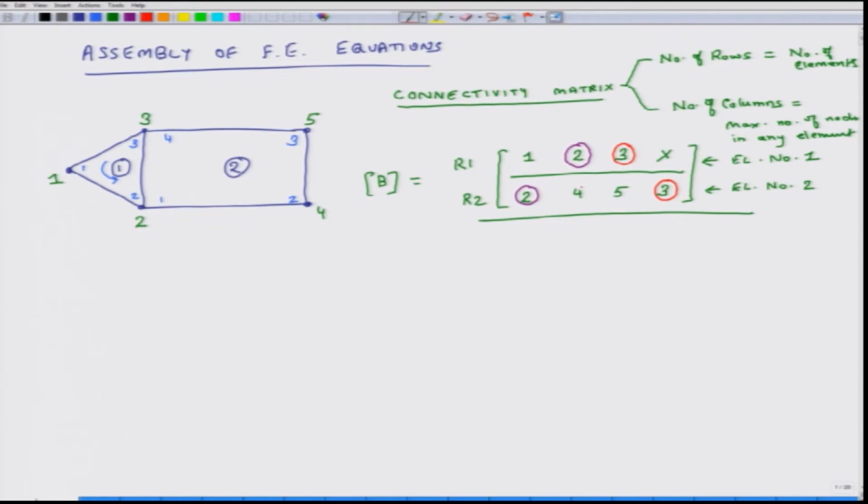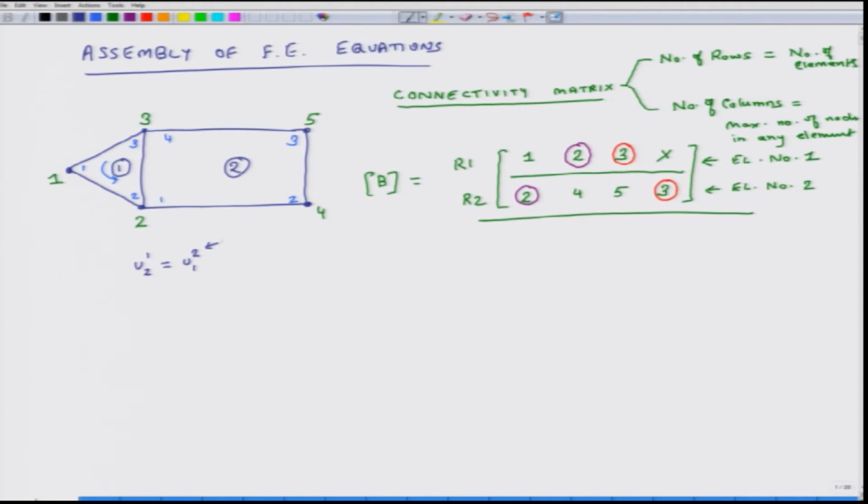So, the global matrix, this connectivity matrix, it tells us that the second node of element 1 and the first node of element 2 are same, which means if I am talking about primary variable u, then in that case this is the primary variable associated with the first element, which is the superscript, and second node, this equals u 1 of 2.